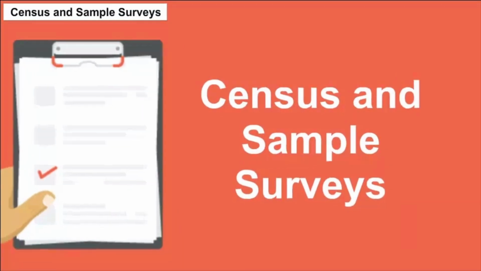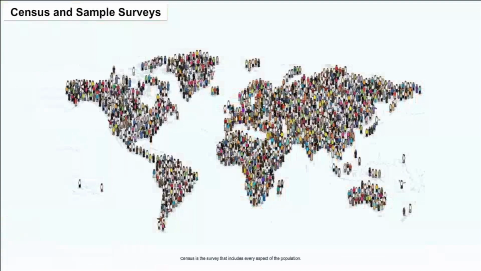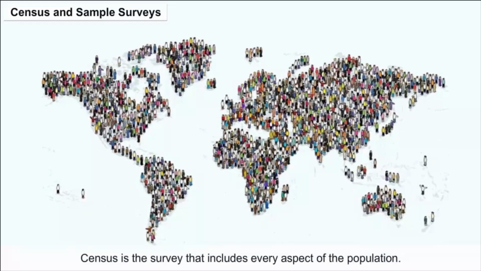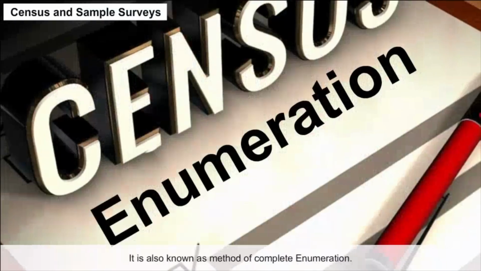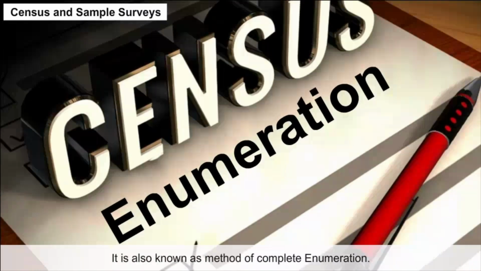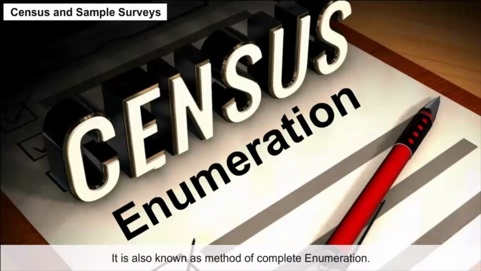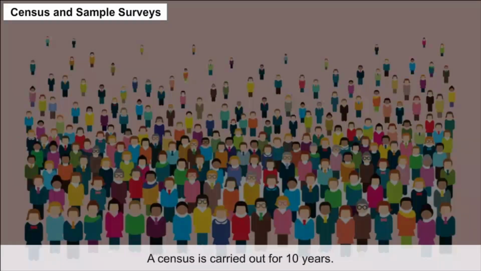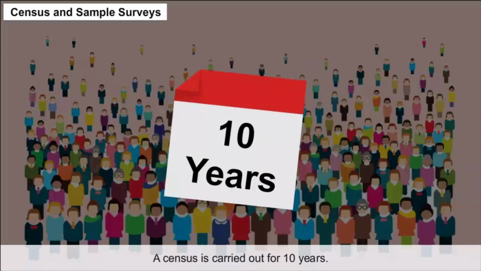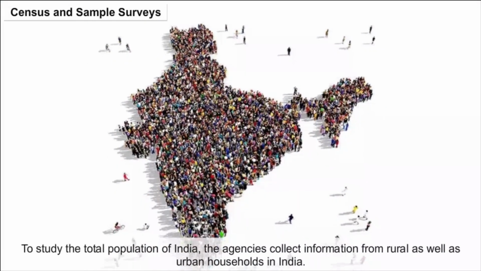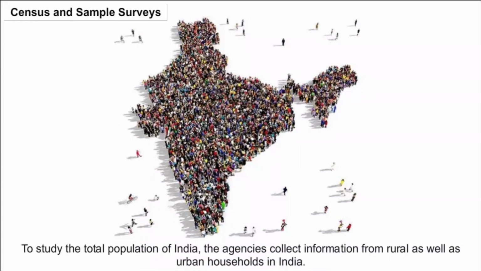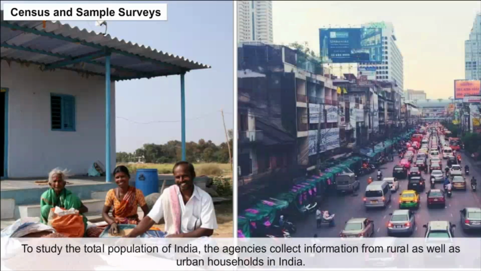Census and sample surveys. Census is the survey that includes every aspect of the population. It is also known as the method of complete enumeration. A census is carried out every 10 years. To study the total population of India, the agencies collect information from rural as well as urban households in India.